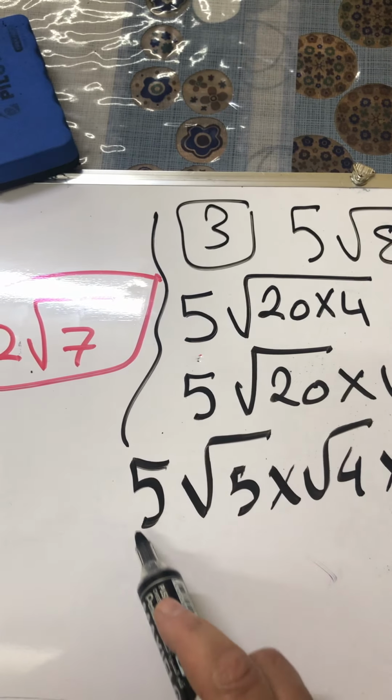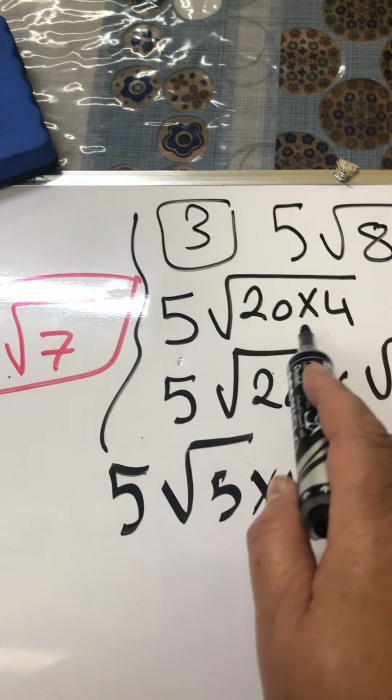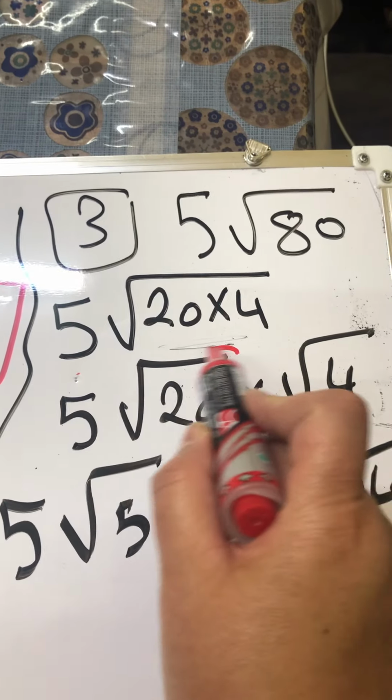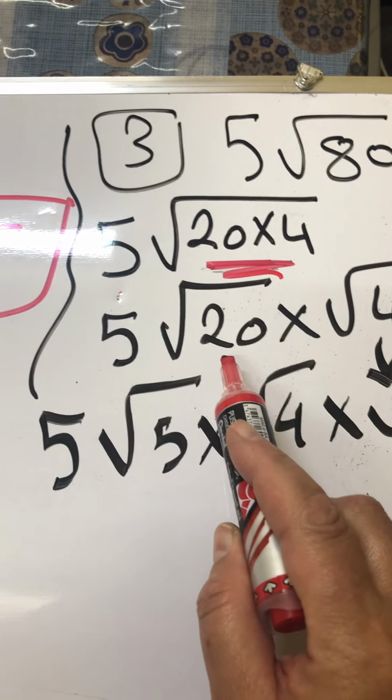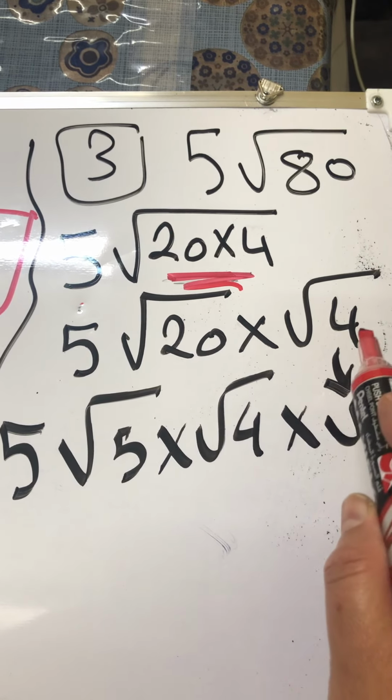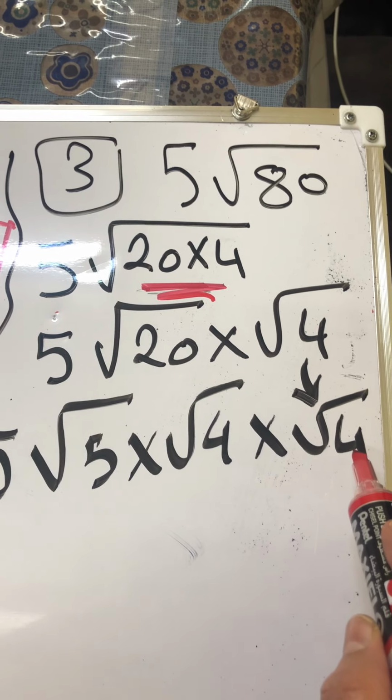Five still with me. Square root of 80, change it into 20 times 4. And then separate 20 in a separate square root and 4 in a separate square root. This is the 4.